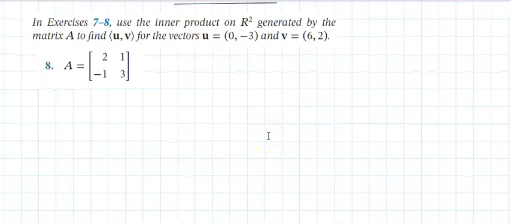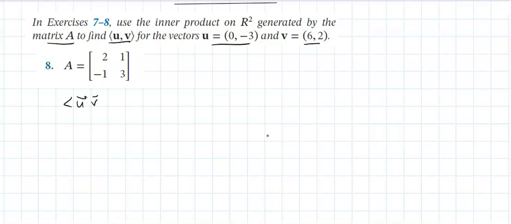How about this problem? Use the inner product of R2 to generate the matrix A to find UV, where U is given as 0, negative 3, and 6, 1. Well, okay. What do you think UV is? Well, the tradition. That is simply 2, 1, negative 1, 3.